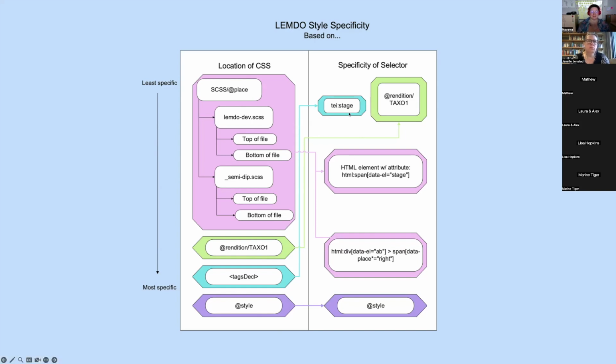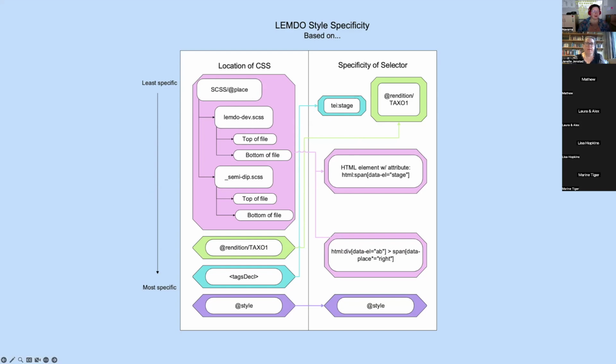When it comes to the specificity of the selector itself, things change up a little bit. And this is where we sometimes come across issues. So when we're looking at least specific, we're now looking at renditions a lot of the time and the tagsDecl a lot of the time. But depending on how you write the selector, this can change a little bit.